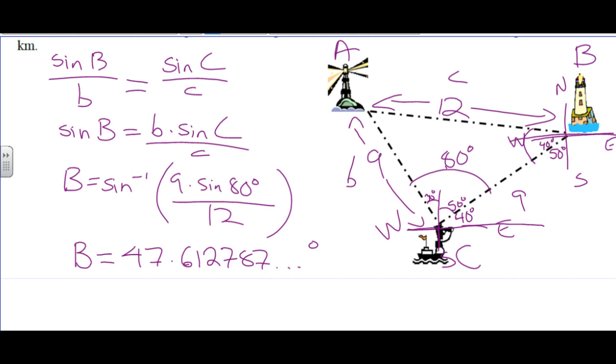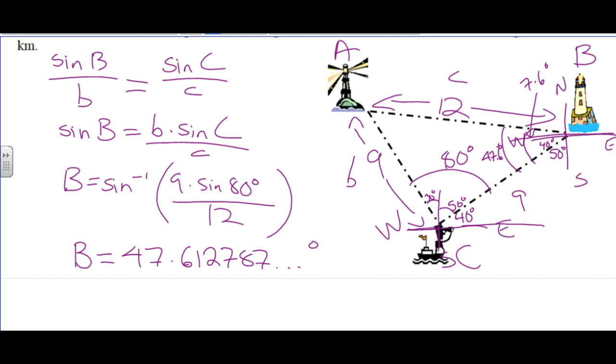So that's 40, the alternate interior angles. Now we know that the angle between these two is 47.6 degrees, right? So this angle here is 47.6 degrees, but this angle is 40. That makes this angle here, the little guy, 7.6 degrees.